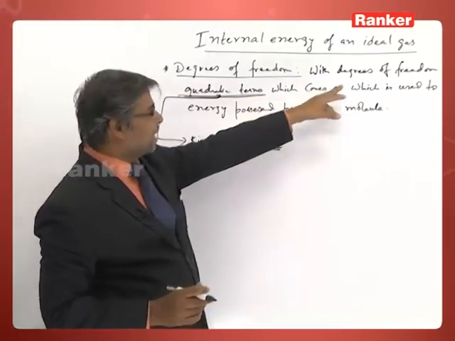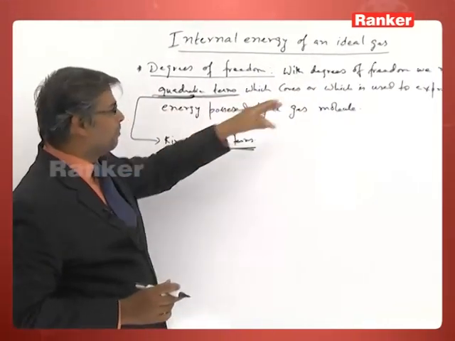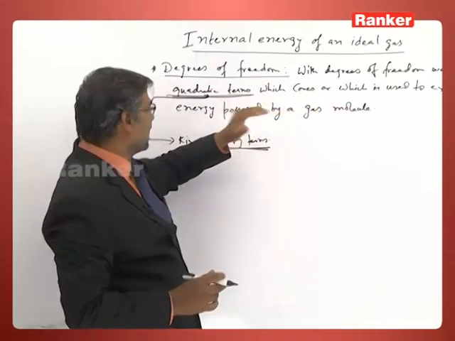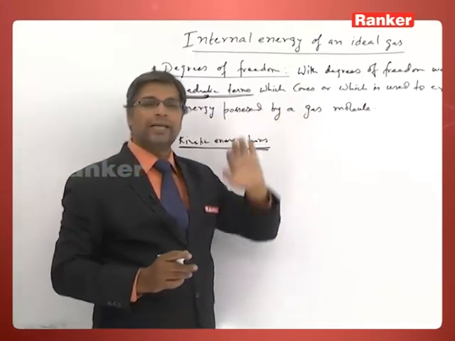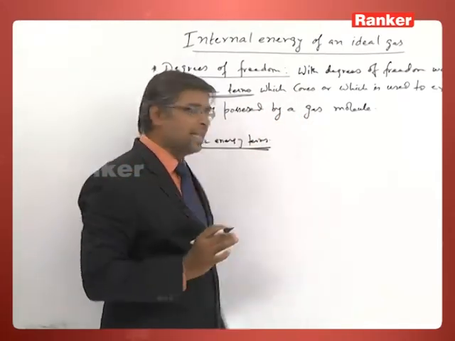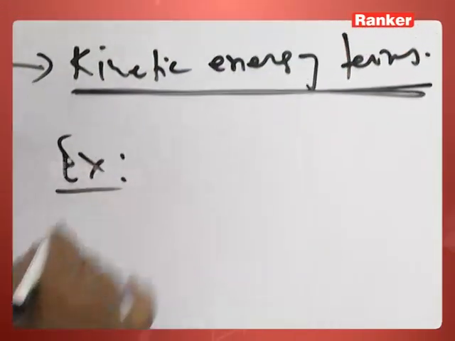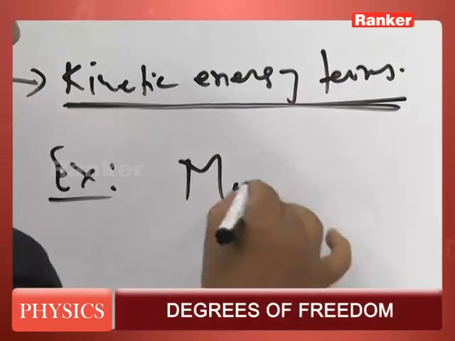So, the number of degrees of freedom, we mean the number of quadratic terms which comes or which is used to express the total energy possessed by a gas molecule. Let us take an example. Example of monoatomic gas.